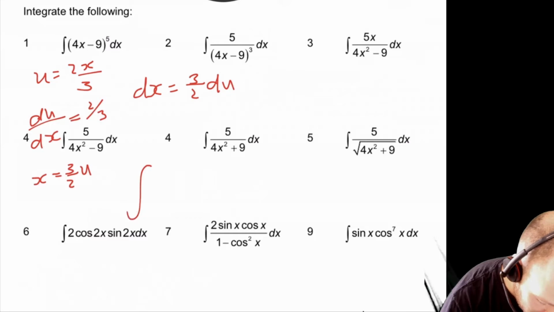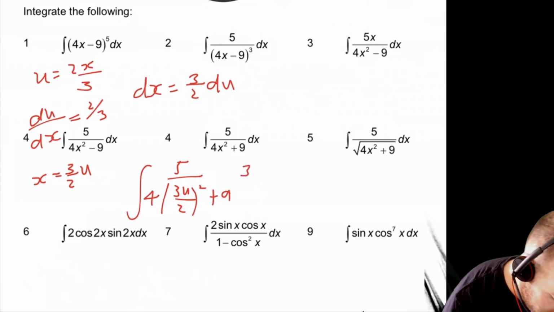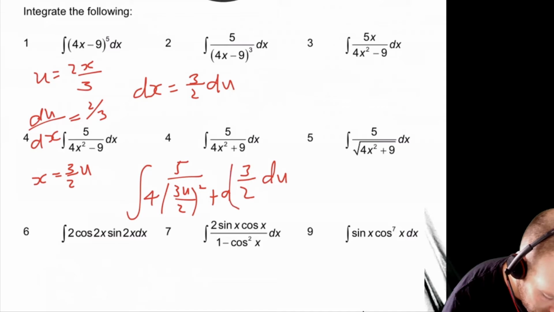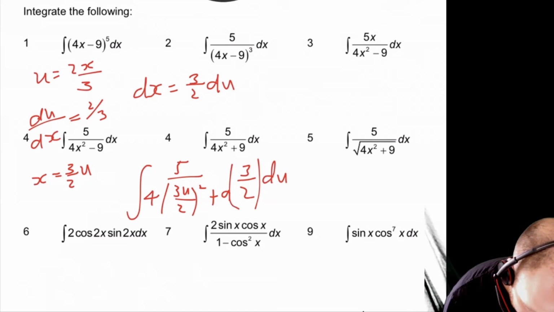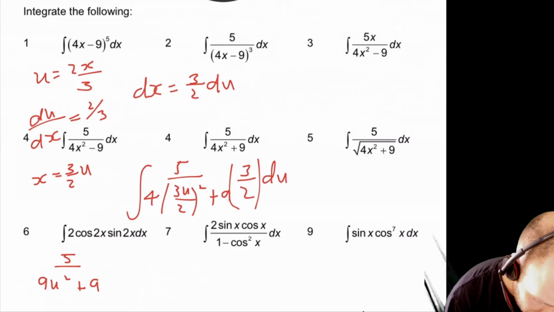So this will become the integral of 5 over 4 lots of (3u over 2) squared plus 9, times 3 over 2 du. So that becomes 5 over 9u squared plus 9, times 3 over 2.